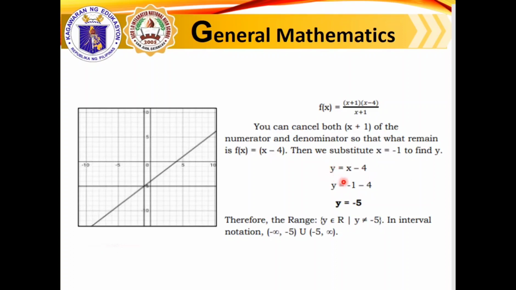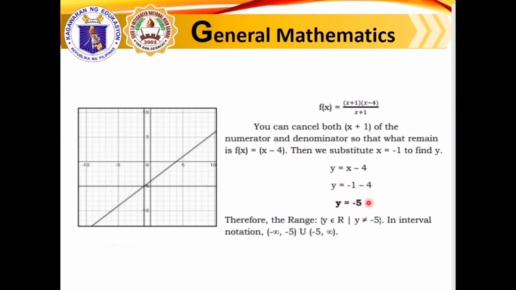Then, we substitute x equals negative 1 to find y. So it comes from the denominator x equal to negative 1. So let's have the substitution. y equals the value of x, which is negative 1, minus 4. So y equals negative 5.